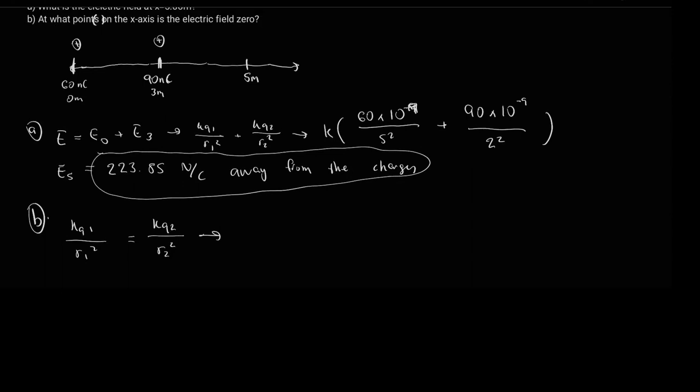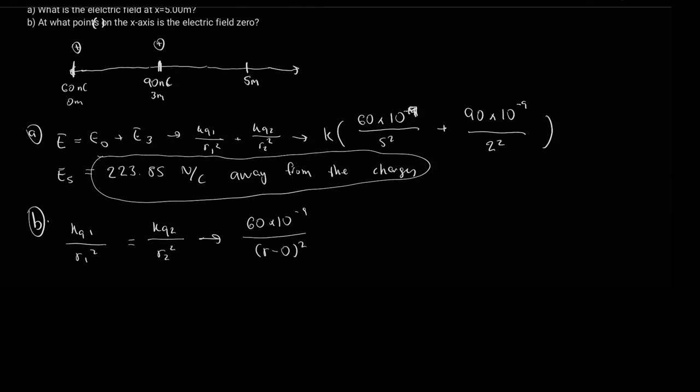And doing so, we get 60 times 10 to the negative 9 over r minus 0 squared, because if our value is something like 2, then r would be 2 minus 0, and that is the distance from here to here.